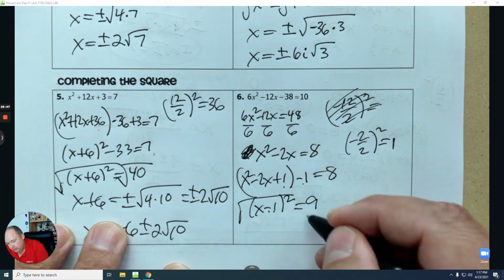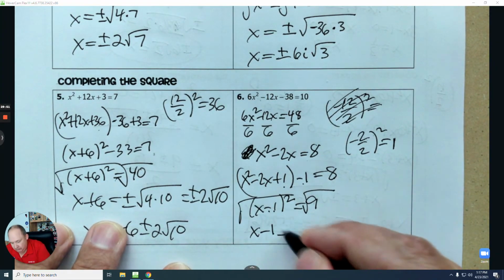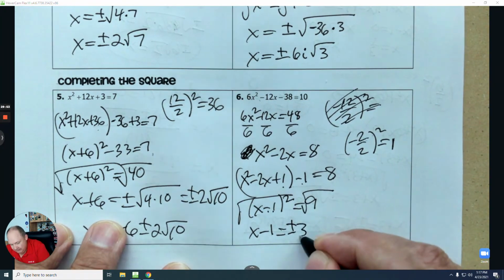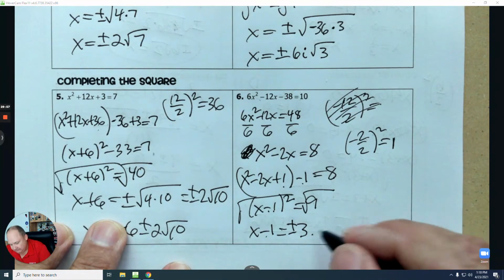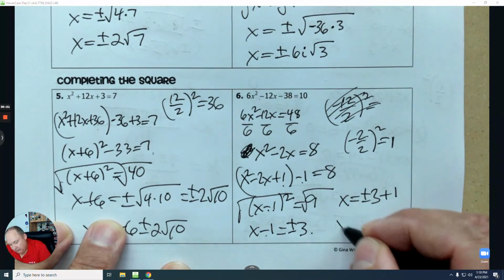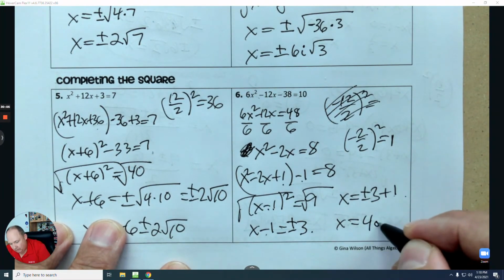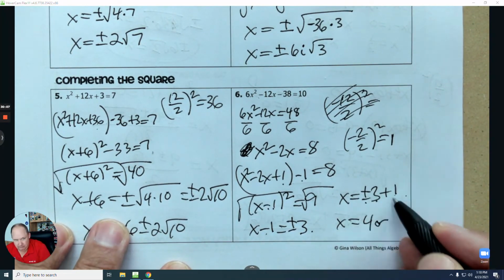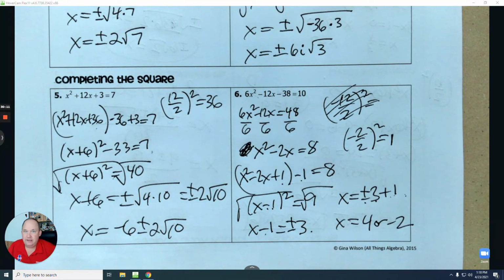And then we're going to square root. So this is x subtract 1 is equal to plus or minus 3, and then add 1 to the other side. And so now the two solutions, 3 plus 1 or negative 3 plus 1. So one answer is 4 and the other answer is negative 2.